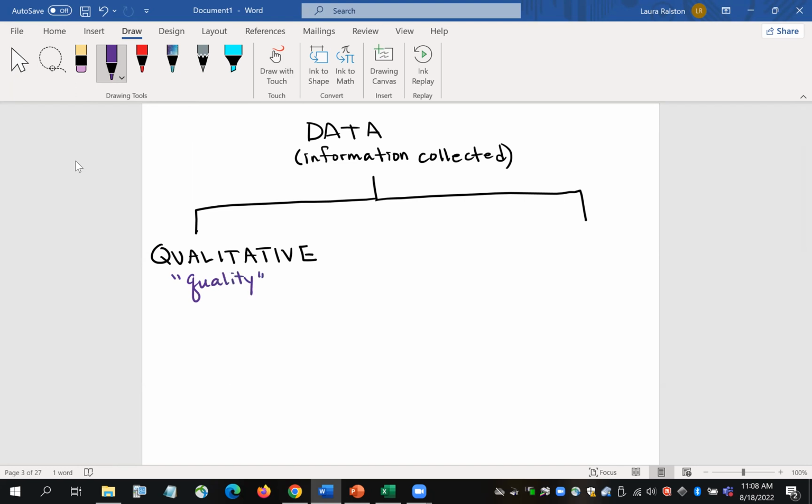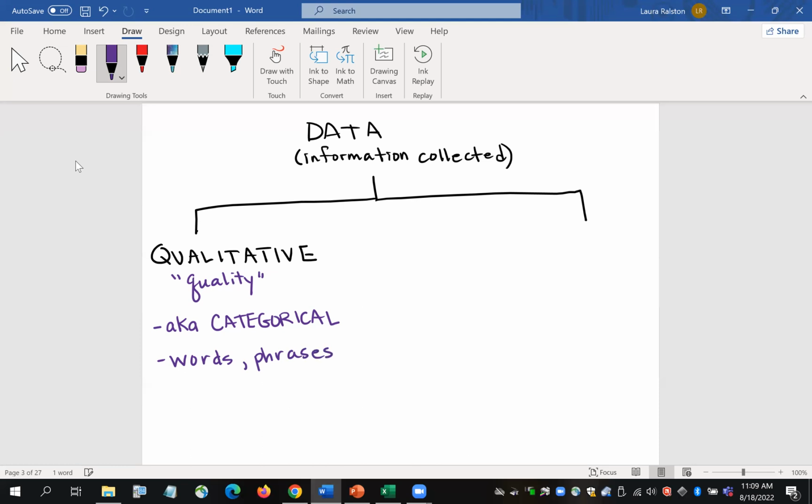So qualitative data tends to identify or be some kind of quality of the data. You'll also see qualitative data referred to as categorical, because it is typically categories. It's going to be words or phrases.